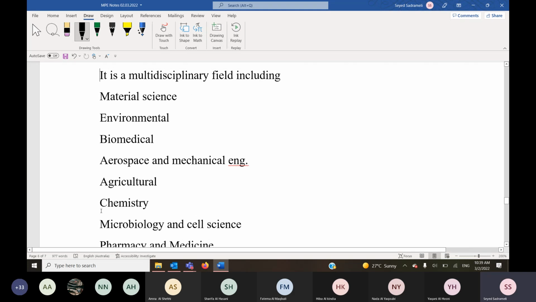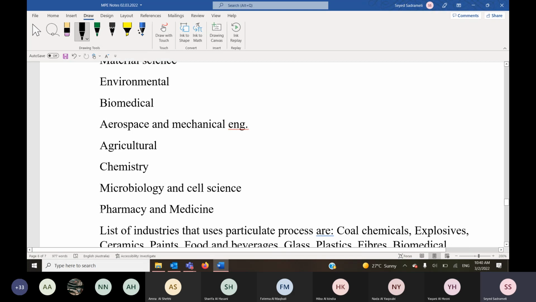processes or topics, you need mechanical process engineering for pharmaceutical, for making the tablets, or even some solutions. You need this type of processing. Also for agricultural, for chemicals used in the agricultural, in aerospace and mechanical engineering, solid handling will be used.